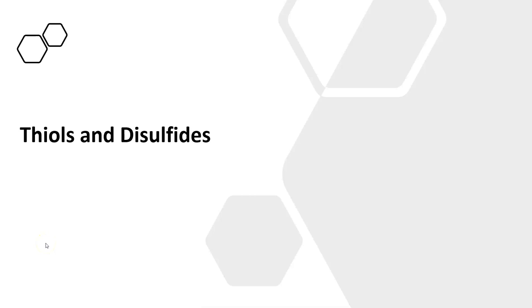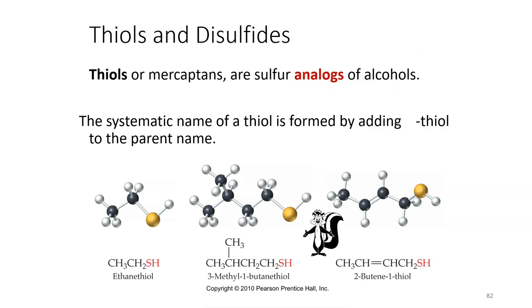Now that we've gone through some of those other functional groups with oxygen, I'd like to talk about thiols and disulfides. These are analogs to alcohols, or different types of compounds that contain oxygen, because sulfur is in the same row of the periodic table as oxygen, and they'll also bond like an alcohol.